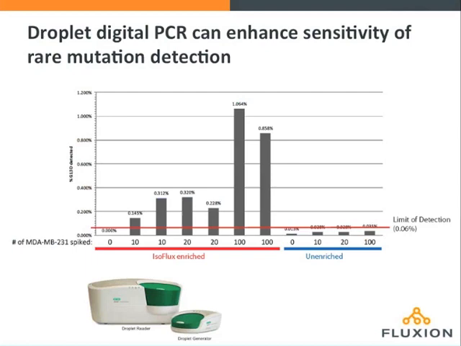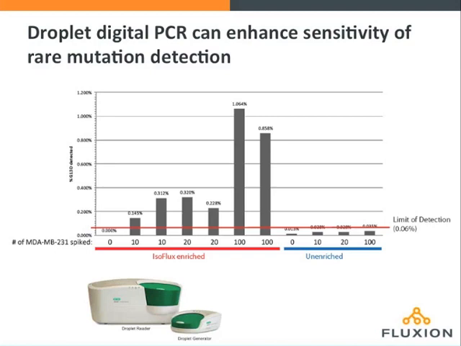And I should point out we used the QX100 droplet digital PCR system from Bio-Rad. And the real advantage of these types of systems is that you can get a quantitative number for the abundance of a rare mutation in the sample. So as you can see here, down to 10 cells that were spiked in, we can get a droplet count that is above the limit of detection.